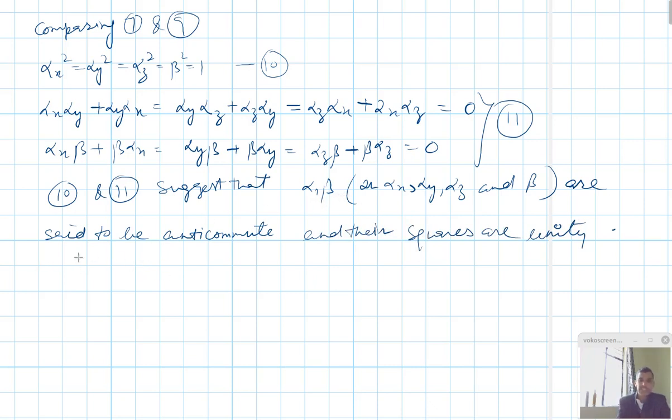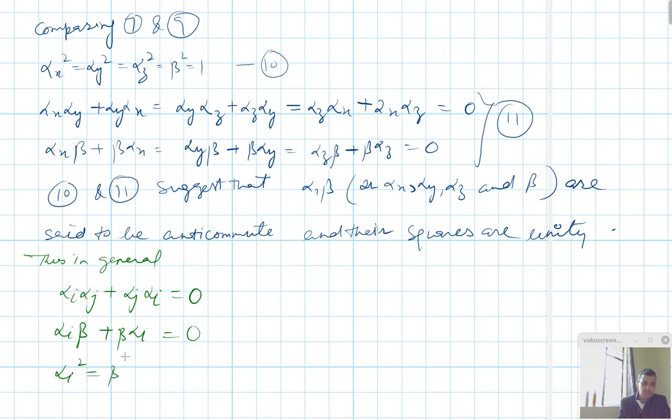So in general I can write that alpha i alpha j plus alpha j alpha i is equal to 0, and alpha i beta plus beta alpha i is equal to 0, and alpha i square is equal to beta square, which is equal to unity.